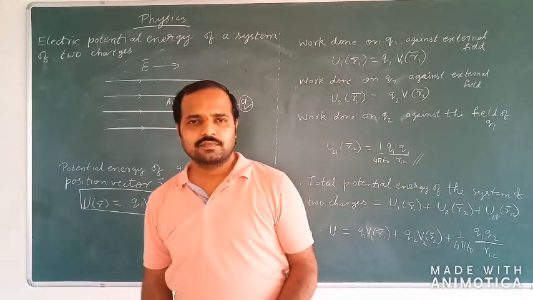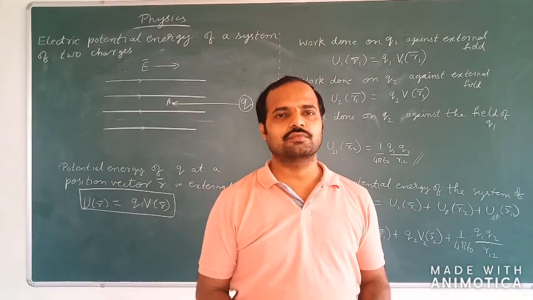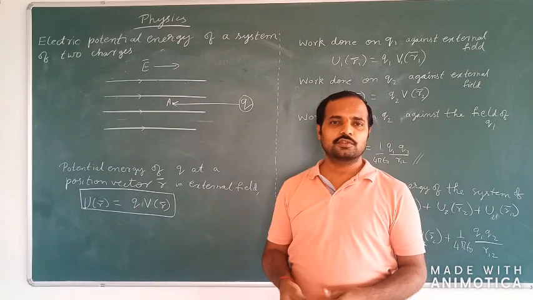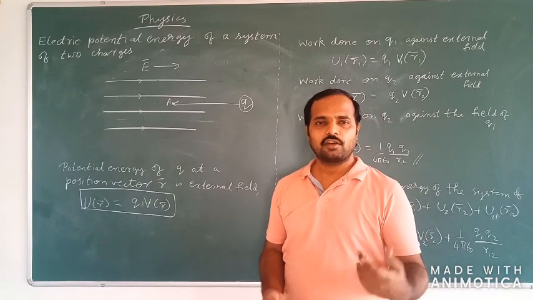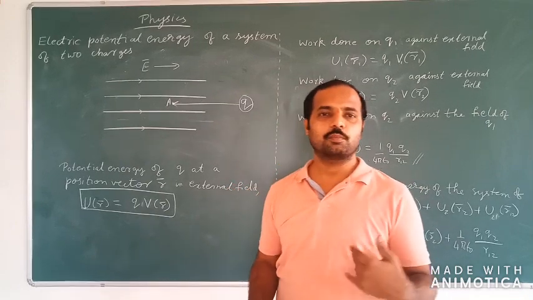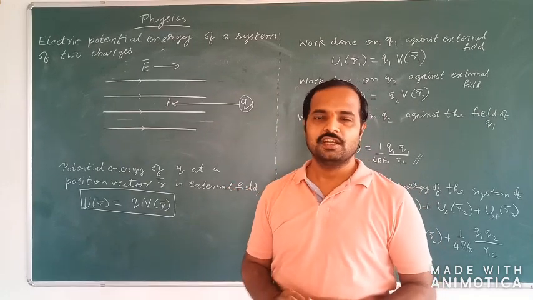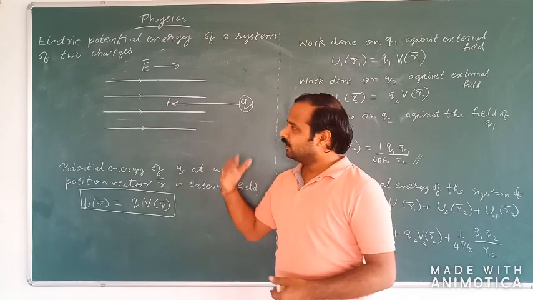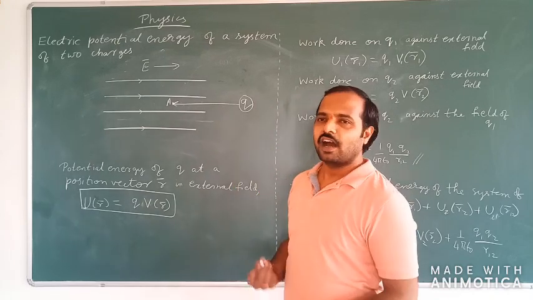In all the previous cases when we spoke about the potential energy associated with the source charge, we always took the potentials with respect to the position of the source charge itself. But here, since the position of the source charge is unknown, we can take the origin arbitrarily.